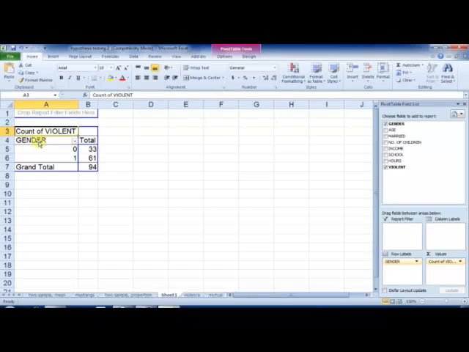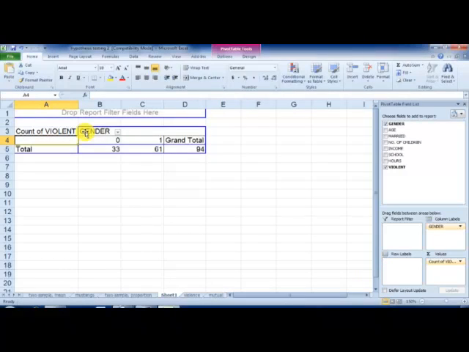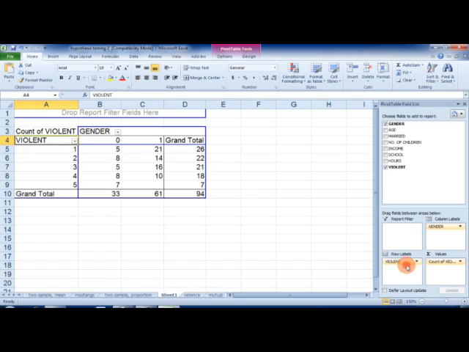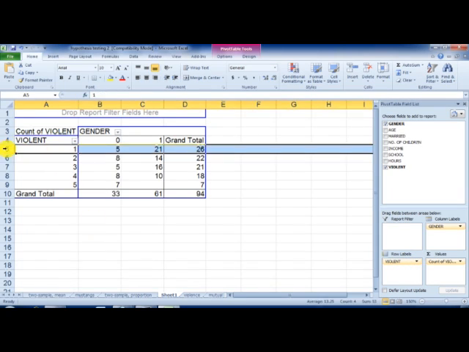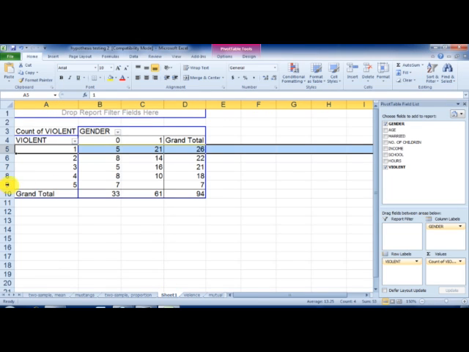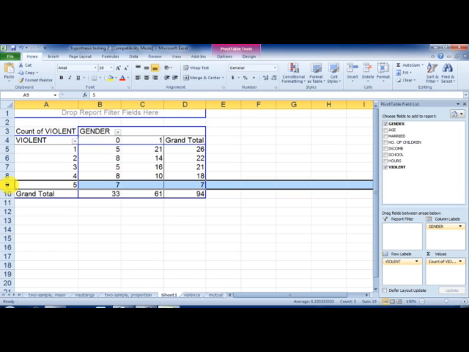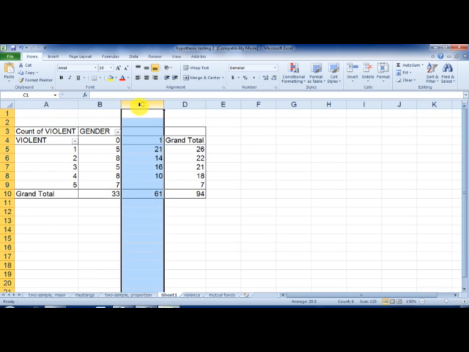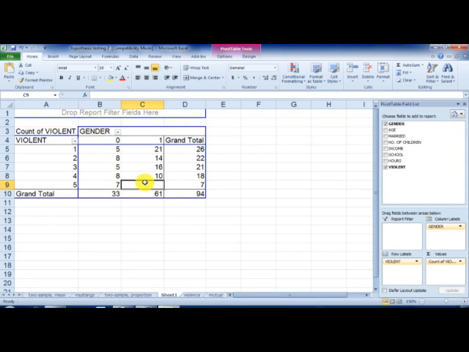So I am actually going to take gender and move it up to the top, and then I'm going to grab violent and put it where gender was. So now we can look at all the viewers that think programming is much too violent, and here that the programming is not very violent. One of the things that kind of jumps out of this graph is that no women pick that option.